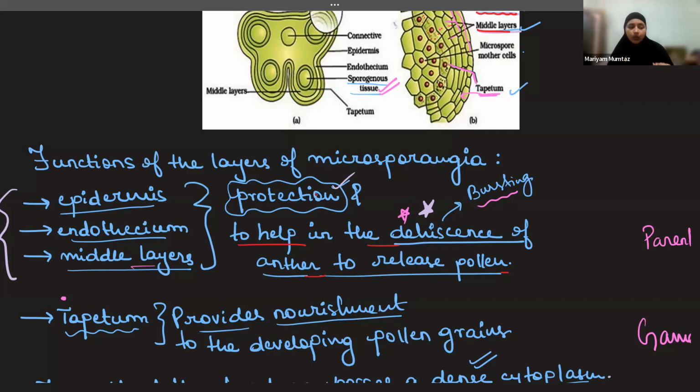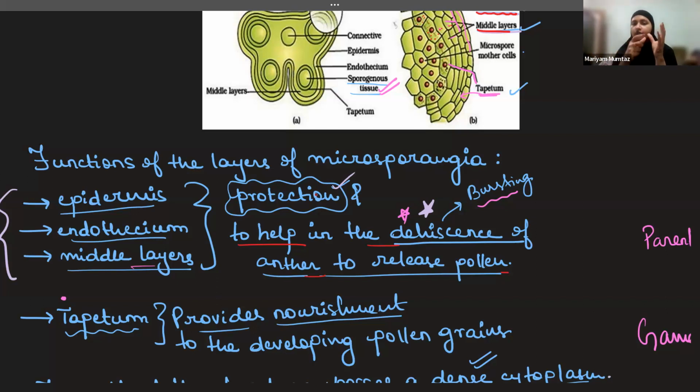See, for example, if this is the filament, this is the anther. Inside the anther, pollen grains are made. When the anther becomes very mature, a lot of pollen grains have been made. Then this anther bursts, because of which the pollen grains are spread out everywhere.